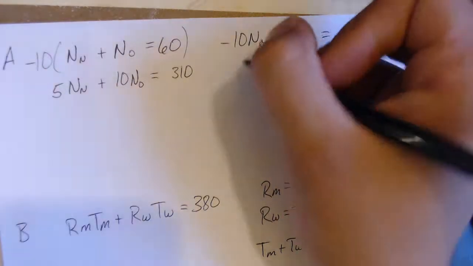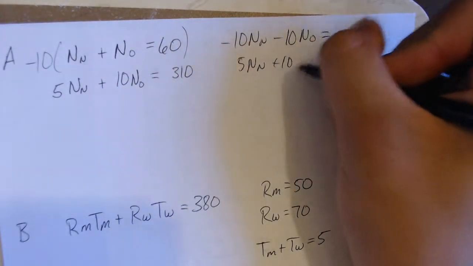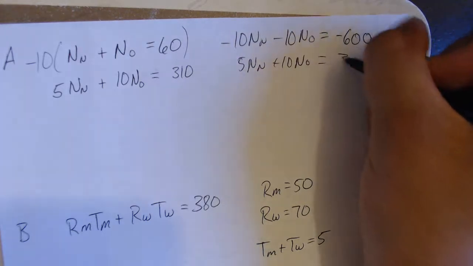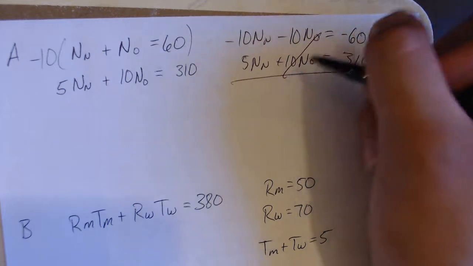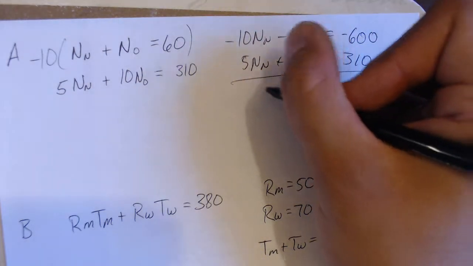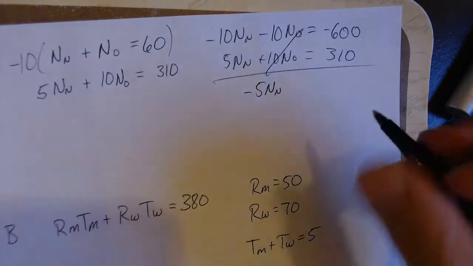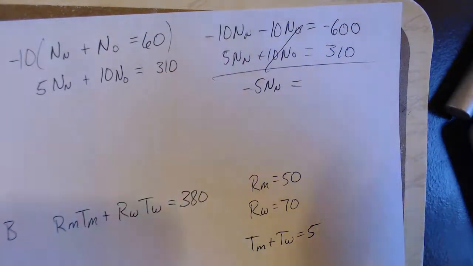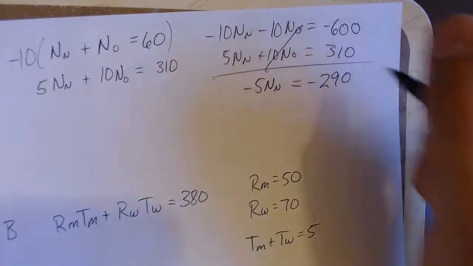And then I combine that with the bottom equation, 5n sub n plus 10n sub o equals 310. What happens is the n sub o's cancel. Negative 10n sub n plus 5n sub n becomes negative 5n sub n. And then negative 600 plus 310 gives me negative 290.